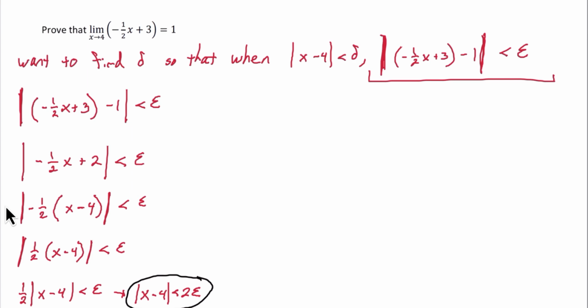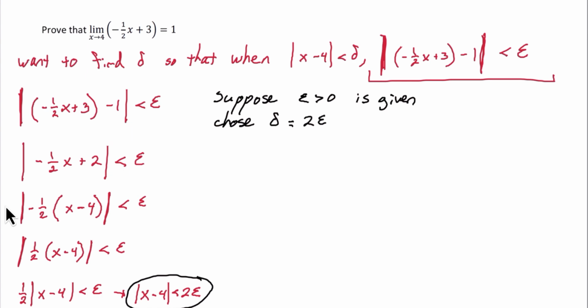So again, we're going to suppose that epsilon greater than 0 is given, and we're going to choose delta this time to be 2 times epsilon.